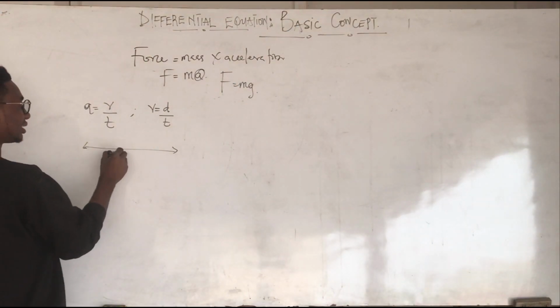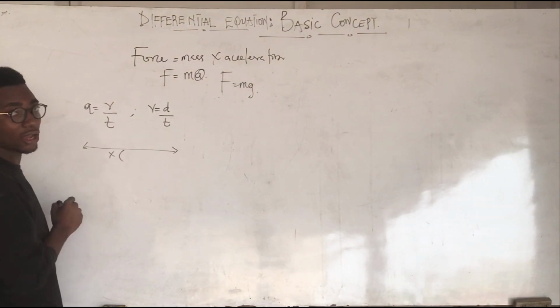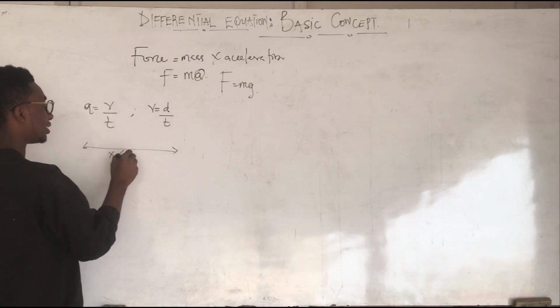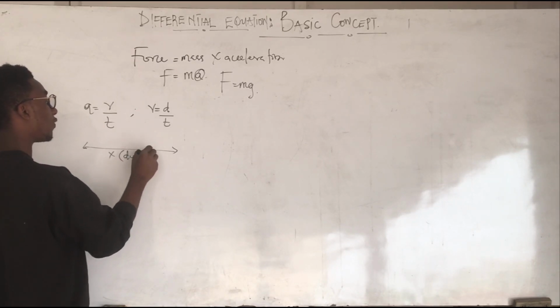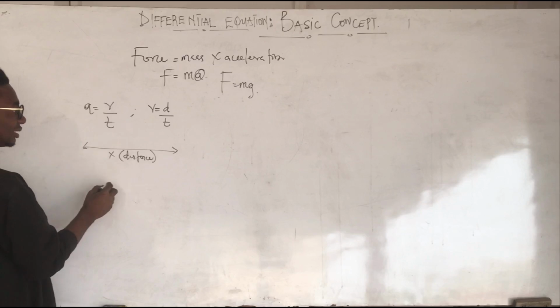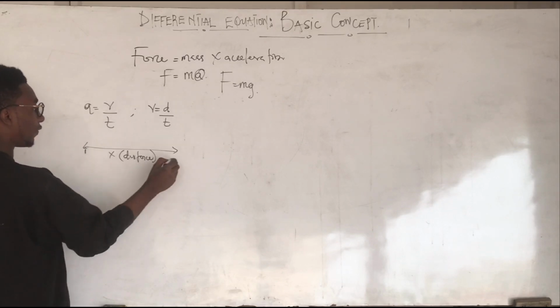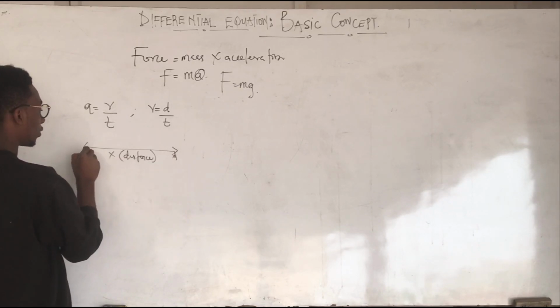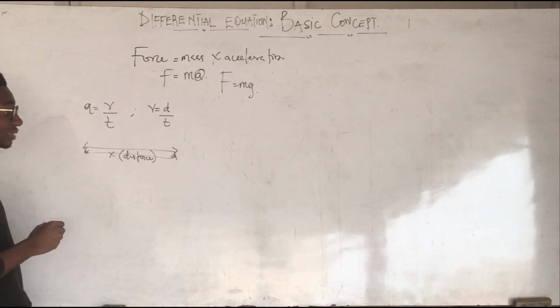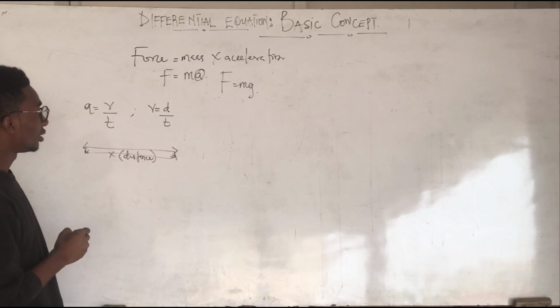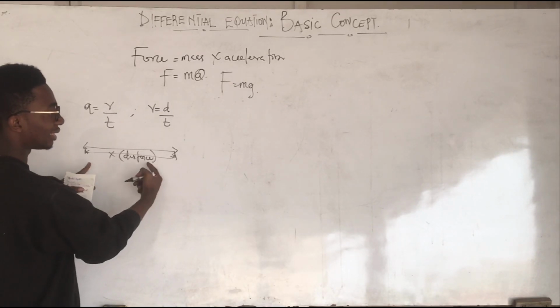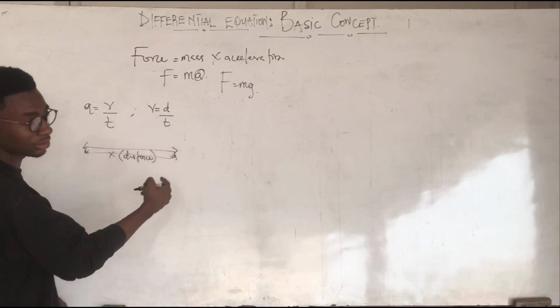And let's use the letter x as the distance that was covered. Then the difference between the 2 points is the distance with respect to a certain particular time.